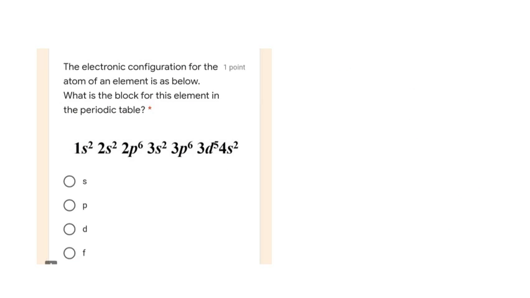Question 13. What is the block for this element in the periodic table? So we focus on the outermost shell. The outermost shell is 4s. When there is an s orbital, we will try to look at the electron configuration, left hand side and right hand side. Are there any d orbitals involved? If yes, we have to consider it a d block element.